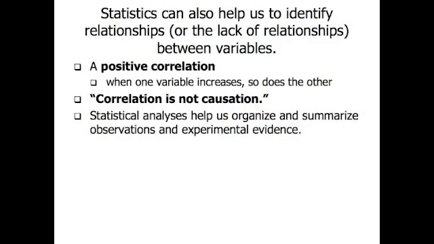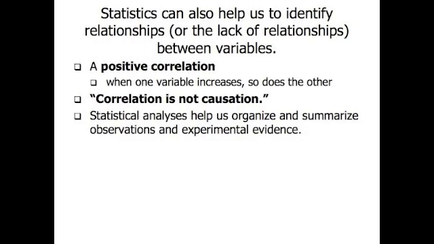Moving on, statistics can also help us identify relationships or lack of relationships between variables. For example, we might note that when there are more firefighters at a fire, the fire is larger and causes more damage. This is a positive correlation, meaning that when one variable, that is the number of firefighters, increases, so does the other, the severity of the fire.